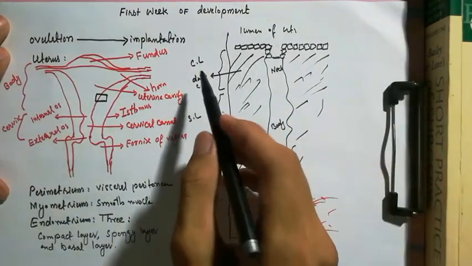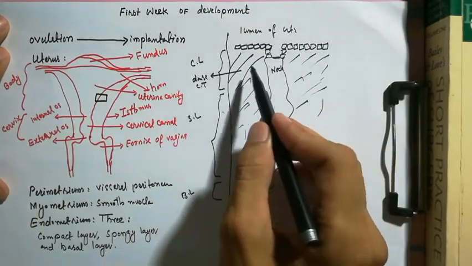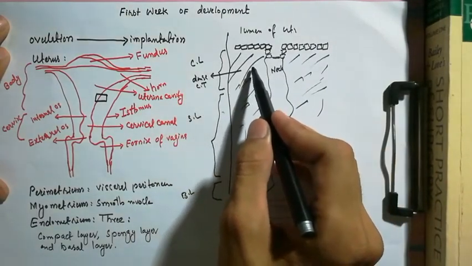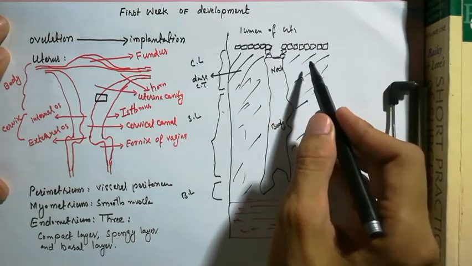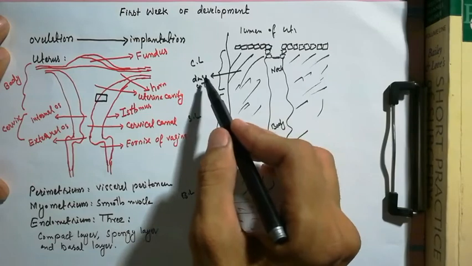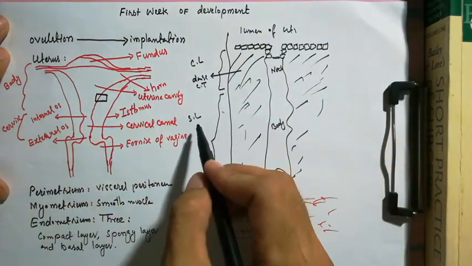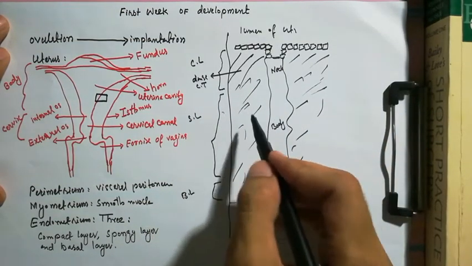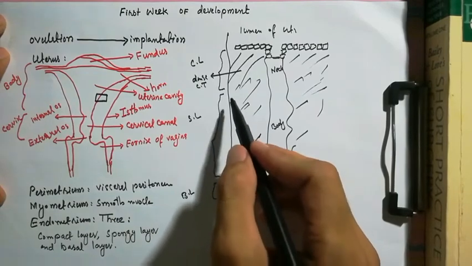So compact layer consists of dense connective tissue which surrounds the neck of uterine glands. And then this is spongy layer of endometrium, which is thick.